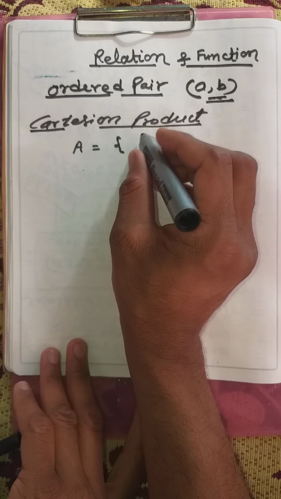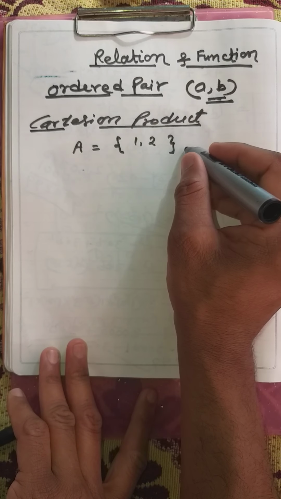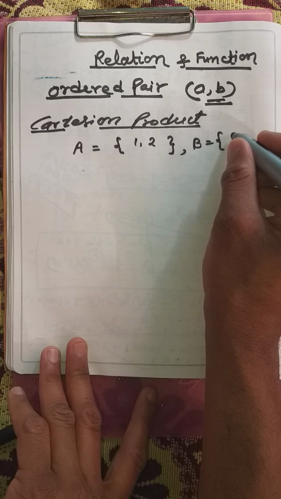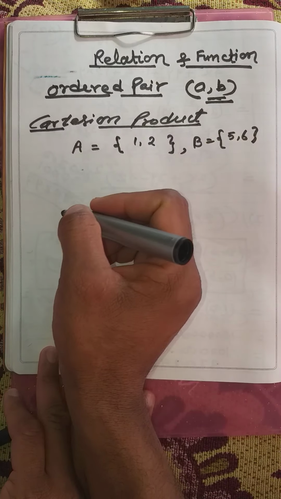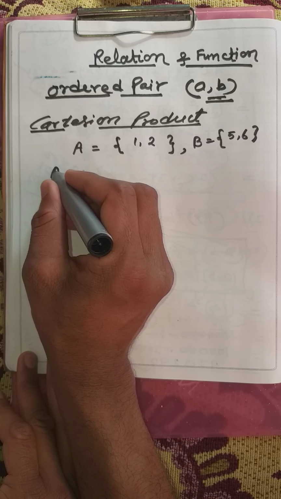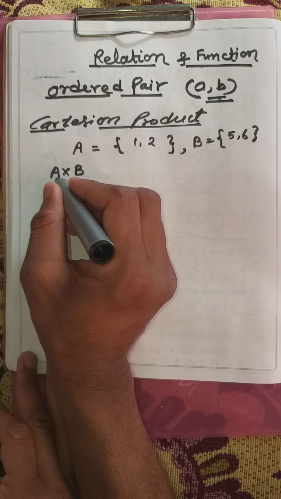Let us suppose I am writing a set A having elements 1 and 2, and another set B whose elements are 5, 6. Now the Cartesian product A Cartesian B. This is the sign of the Cartesian.